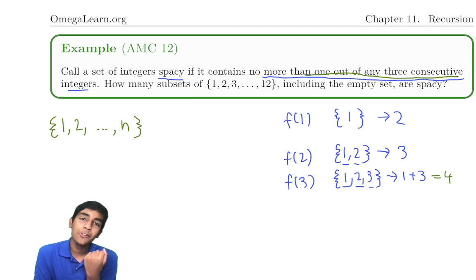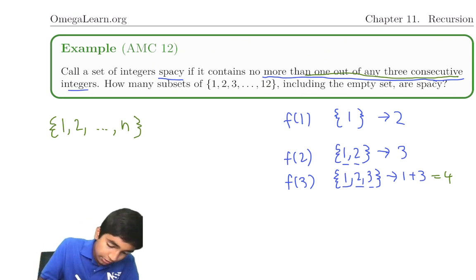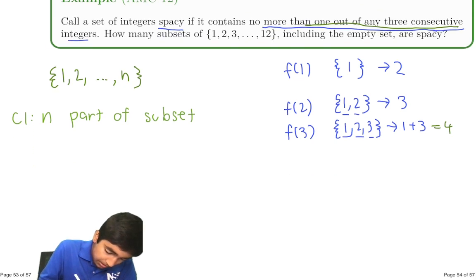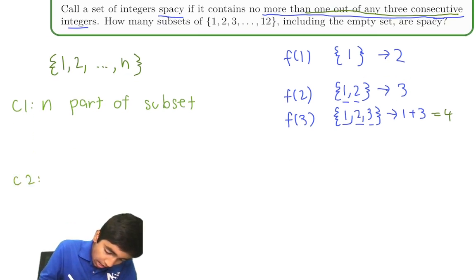Well, there's 2 cases really. n is part of the subset, or n is not part of the subset. The first case, n is going to be part of the subset. The second case, n not part of the subset.